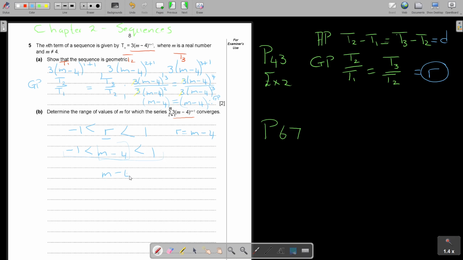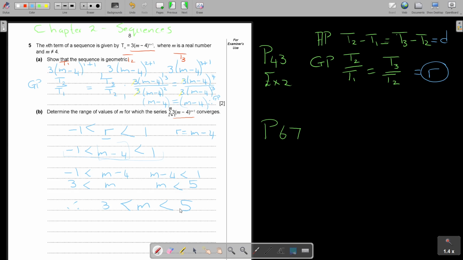So m minus 4 is bigger than -1. And then break it up, we can put it together again at the end. So then I'm getting m is bigger than 4 minus 1, and that's going to be 3. And then this one, it's 4 plus 1, and that is going to be 5. So therefore, I can say m is bigger than 3 and smaller than 5. Otherwise you can put an and there, but I prefer that you write it like that.